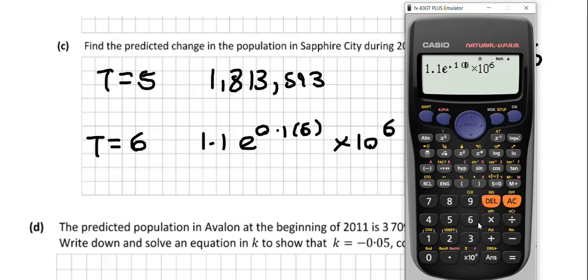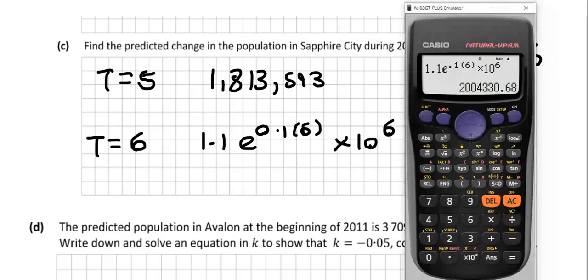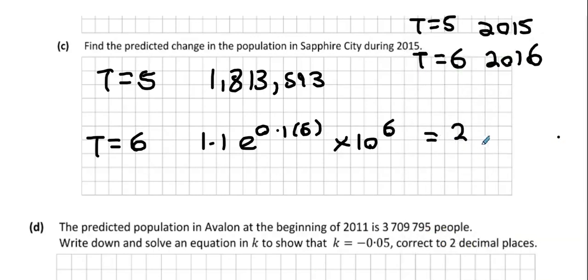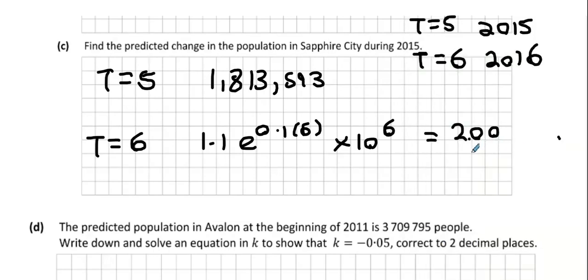This is worth 5 marks, gents. 2,004,330 or 331. The answer we got for that was 2,004,330, and we rounded downwards because it's not a full person. You need a full person to be part of the population. So 2,004,330. And then we took one answer away from the other one.